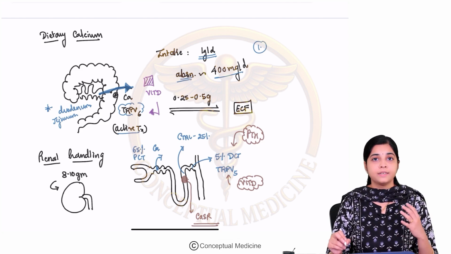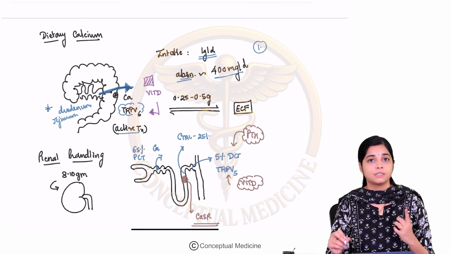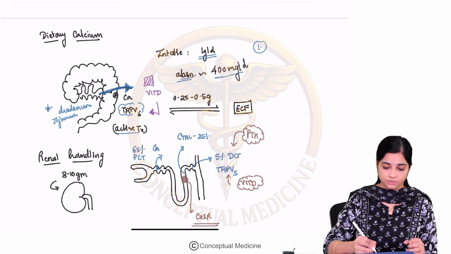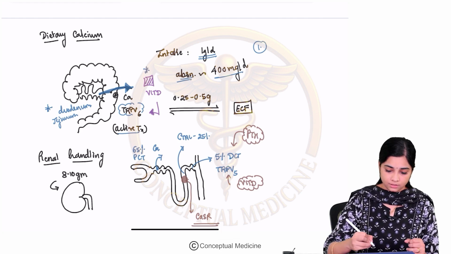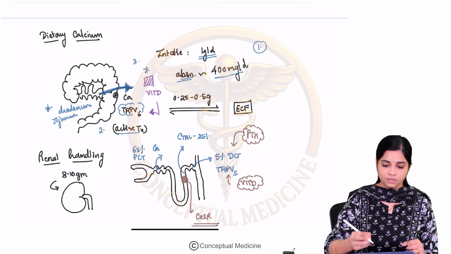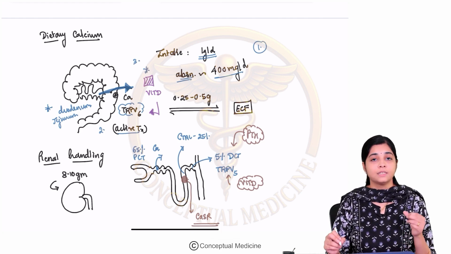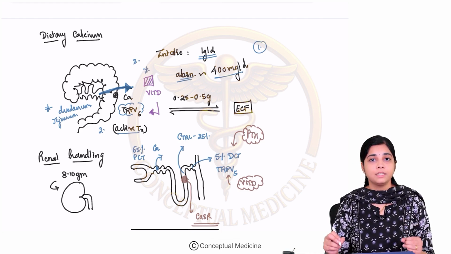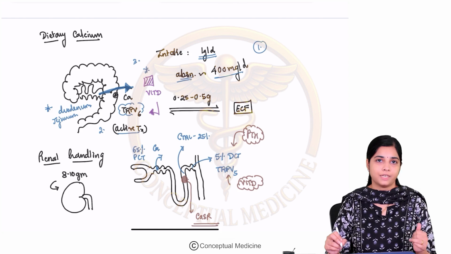And this is under the influence of another very important substance, which is vitamin D. So this is your third point: vitamin D helps in increasing the intestinal absorption of calcium.